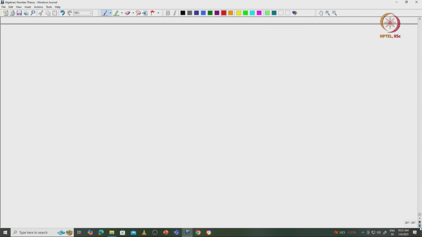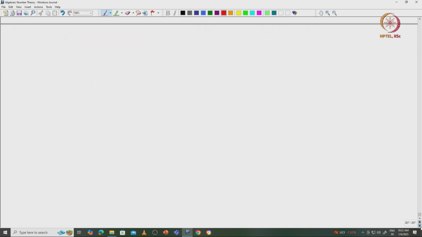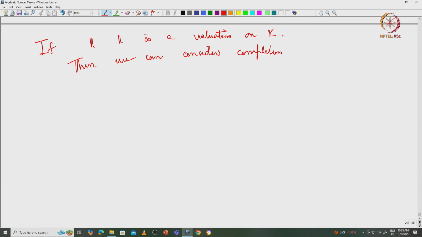So now let me do the following then. If this is a valuation on K, a number field, then we can consider completion of K with respect to the metric induced by valuation.